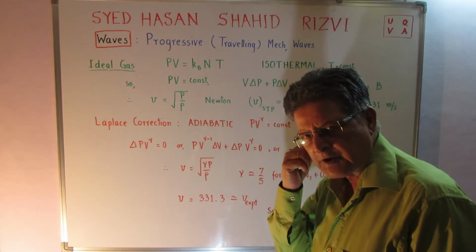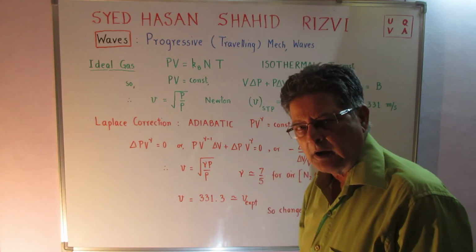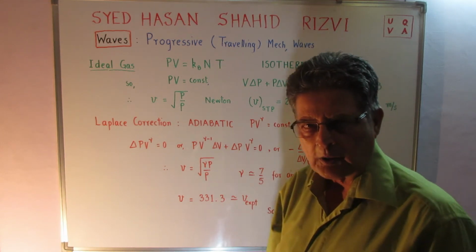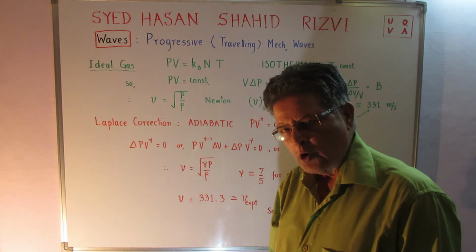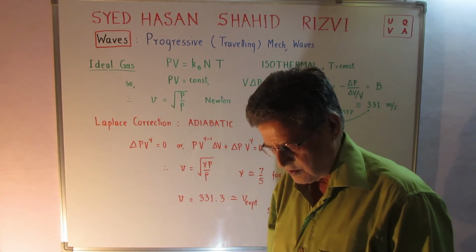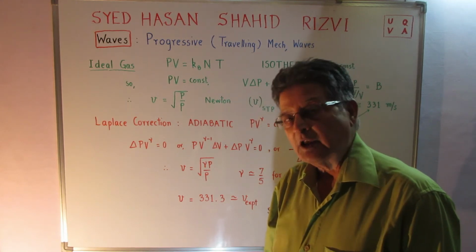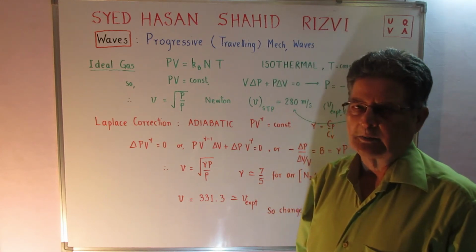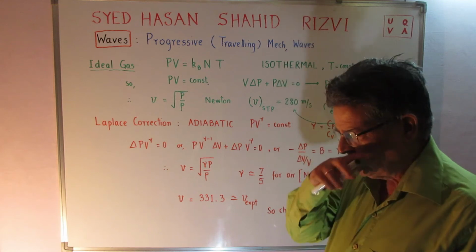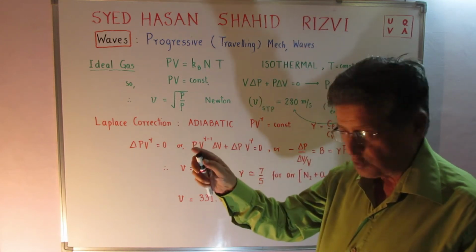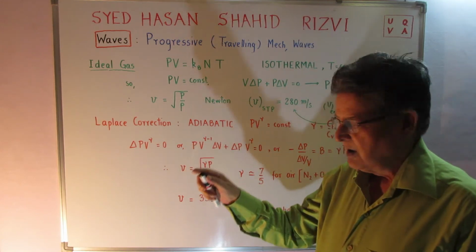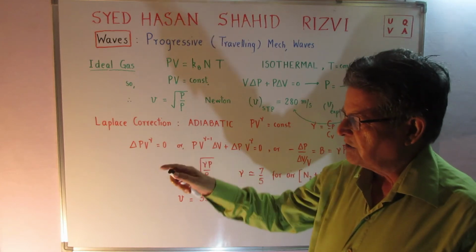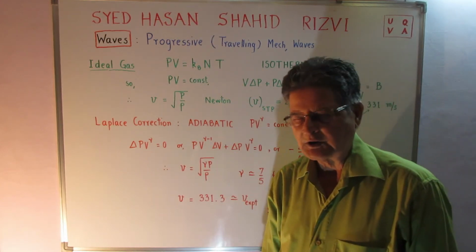Compressions and rarefactions which take place in the longitudinal waves are more sudden than not, and therefore the process over there should be adiabatic. This means no energy will go out of that particular zone where the changes are taking place, and no energy can come into the system. This is called an adiabatic system.